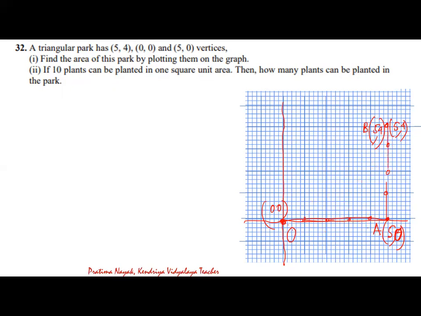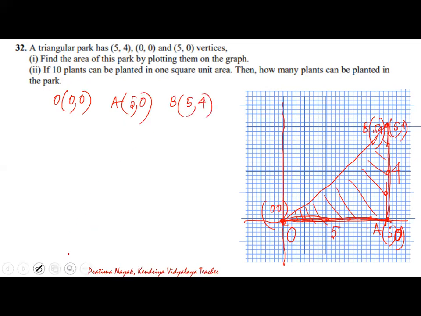Now the question is, find the area of this triangle. This is very easy. From O to A, it is 5 units, and from A to B, it will be 4 units. So O is (0, 0), A is (5, 0), B is (5, 4).